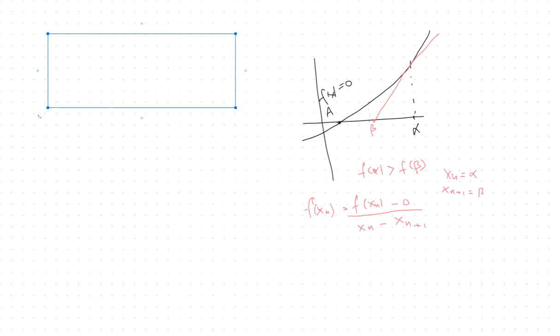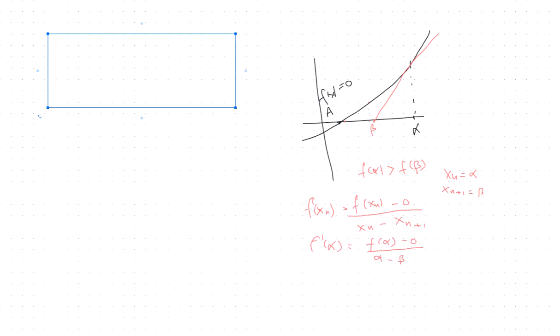Or if you have it here, f dash of alpha is going to be f of alpha minus 0 over alpha minus beta.